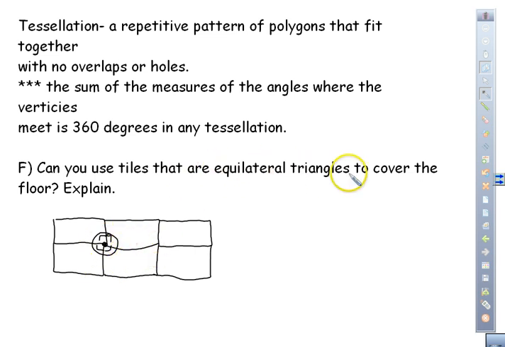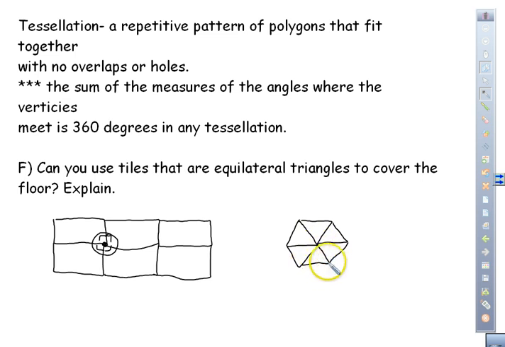Now this says if they're equilateral triangles. So if these equilateral triangles, again, all have congruent sides, it would look like this, and like this. Okay, it begins to look like this when they all go together.